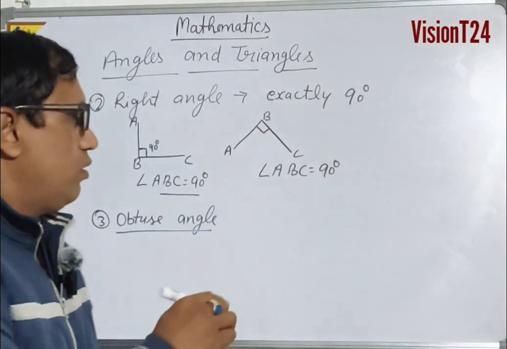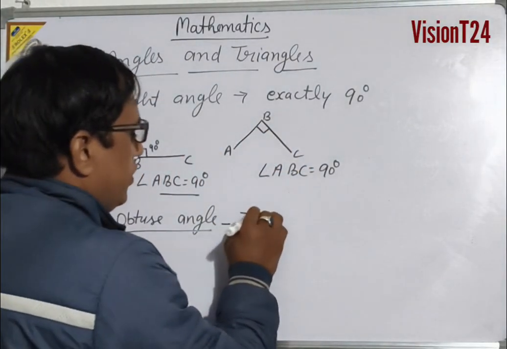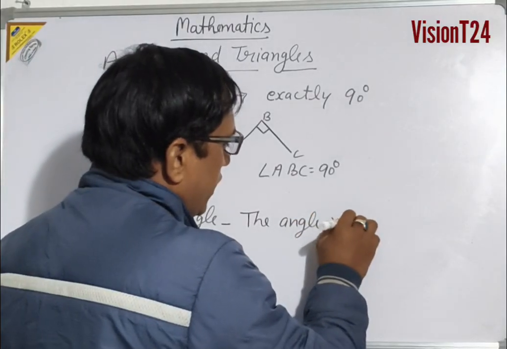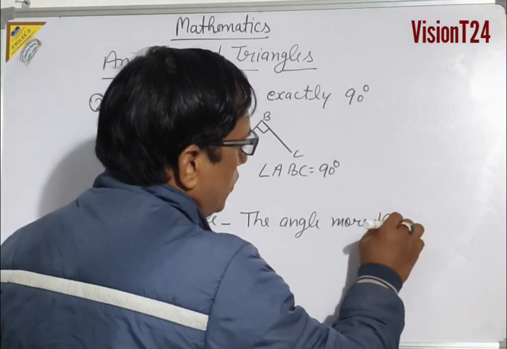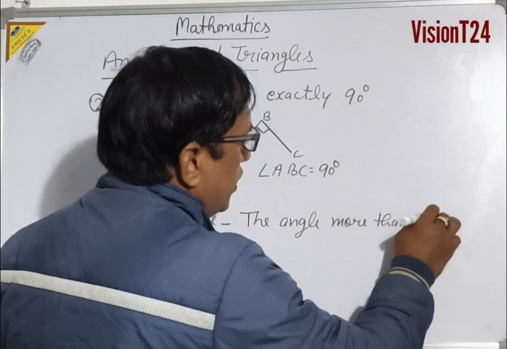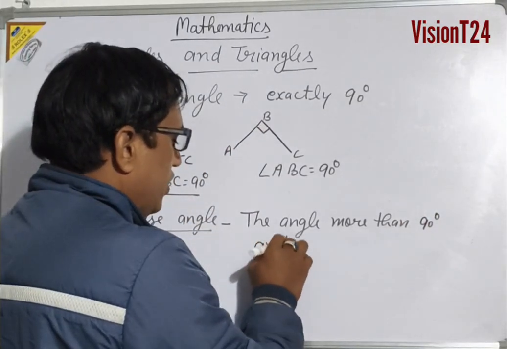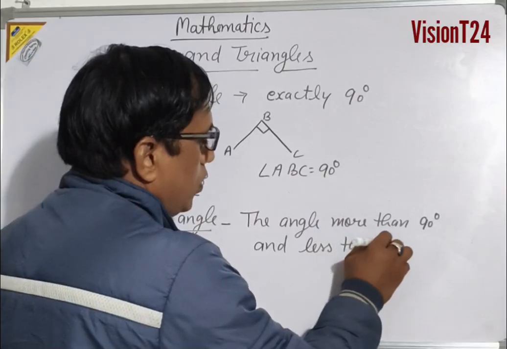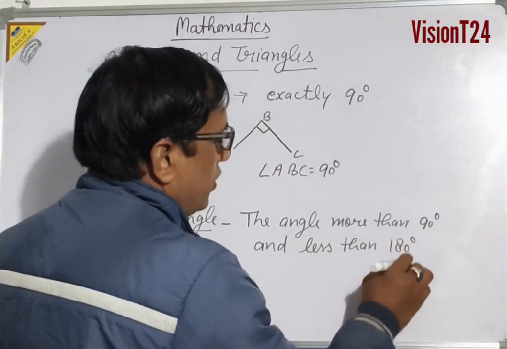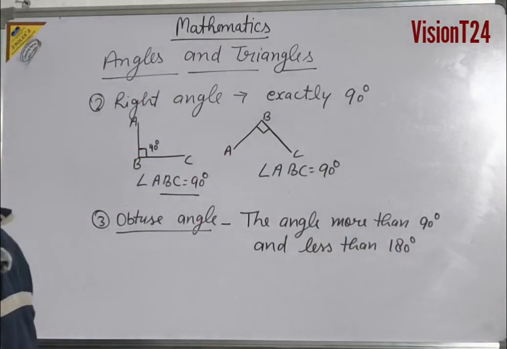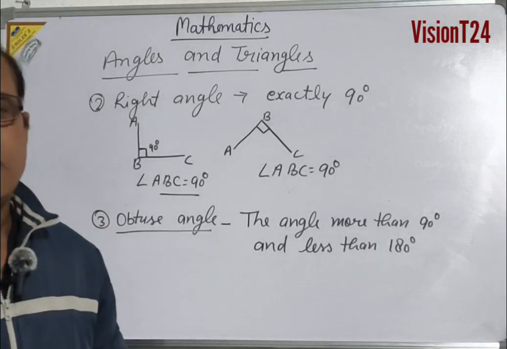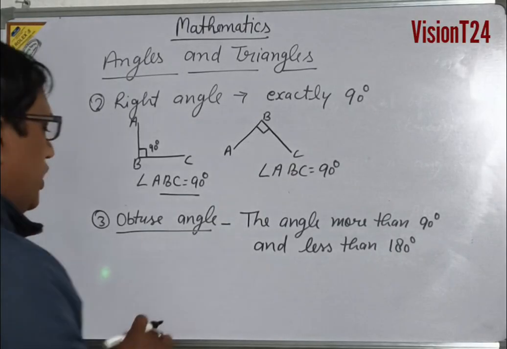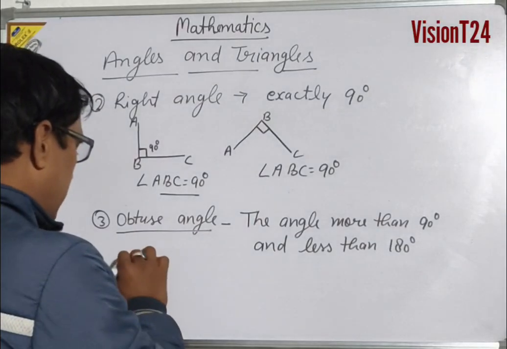The angle more than 90 degree and less than 180 degree. Means the angle which is more than 90 degree and less than 180 degree, that will be obtuse angle. What type of angle will be there?